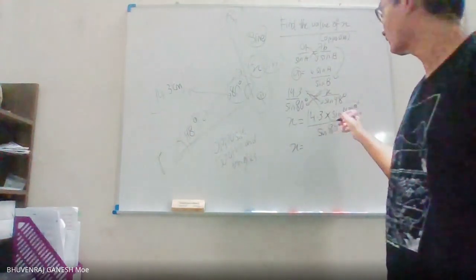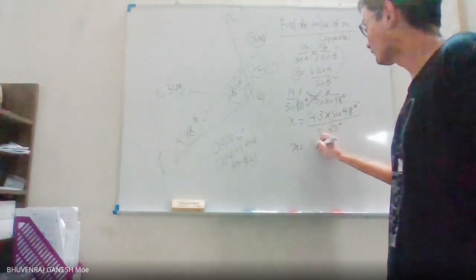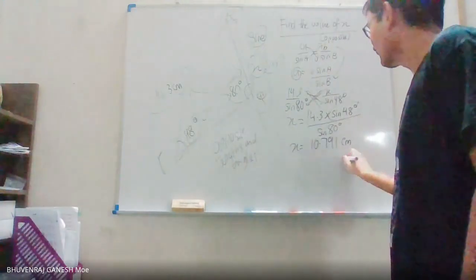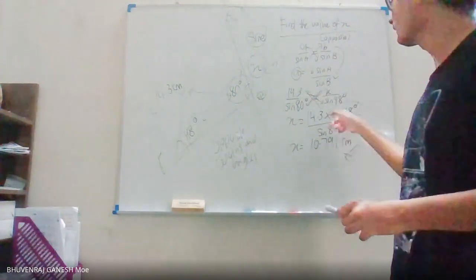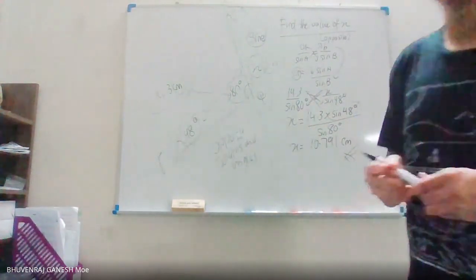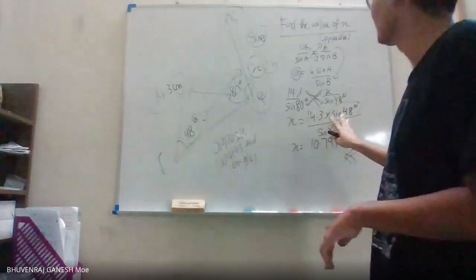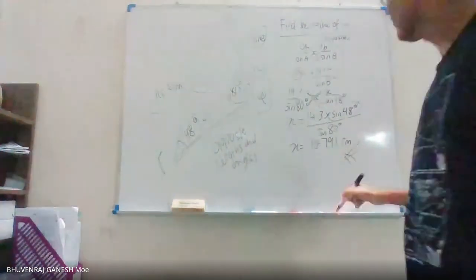You will get 10.791 cm. So this is the answer. It's 2 marks only for this one. Usually you show how you use the formula and your final answer. Simple question, the most basic level in this chapter. That's how you apply the rule.